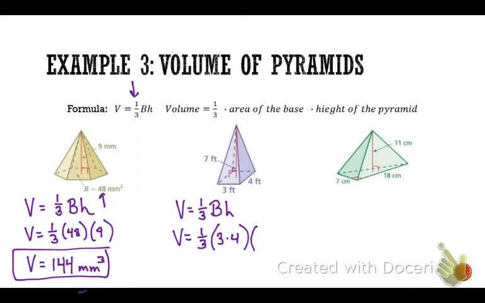And what's the height of my pyramid? 7. Okay, all right, so volume equals 1/3 of 12 times 7. So can I divide 12 by 3? Yeah, what's 12 divided by 3? 4. And what's 4 times 7?